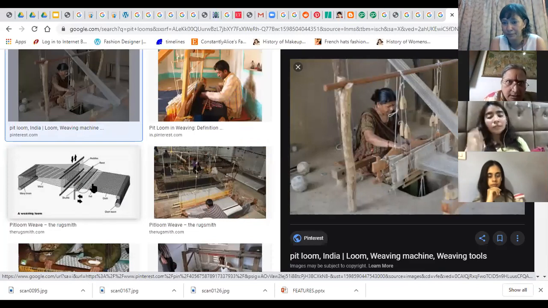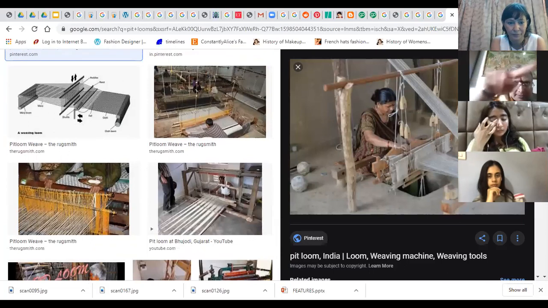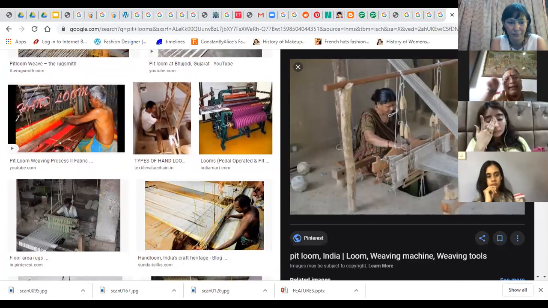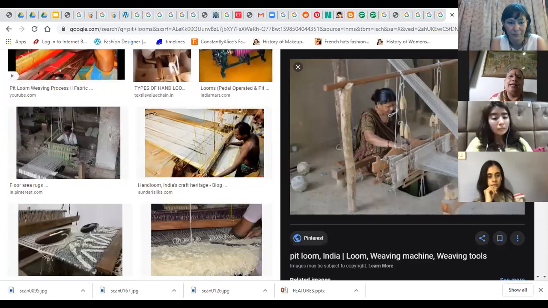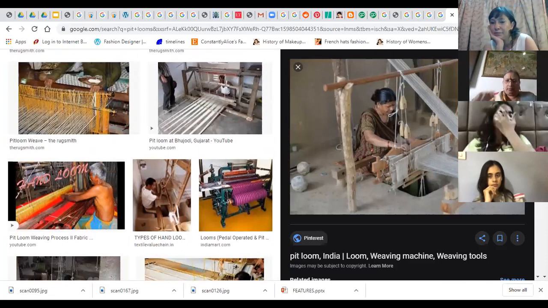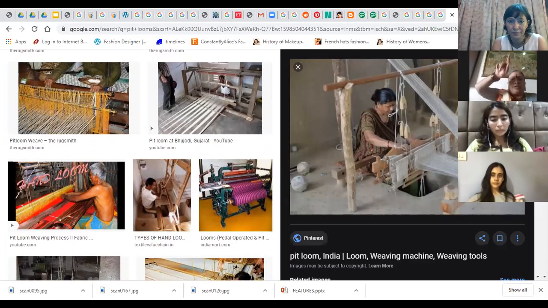Now, can you see that the warp is attached on something else? Yes, ma'am. That warp attachment is known as the warp beam. Initially, when you are preparing the loom, the warp beam is prepared and the yarn is attached to the warp beam. And the second end of the yarn is attached to the cloth beam.